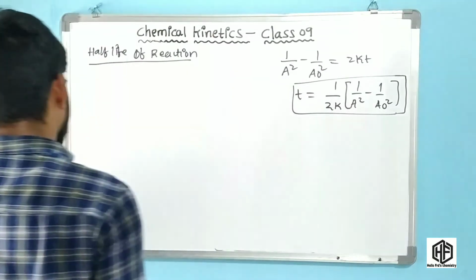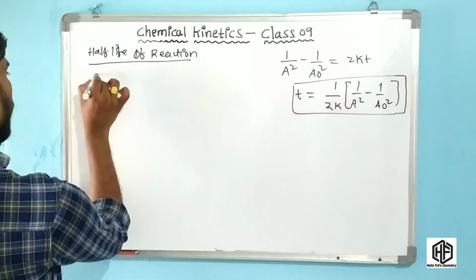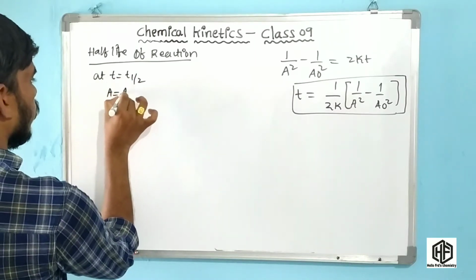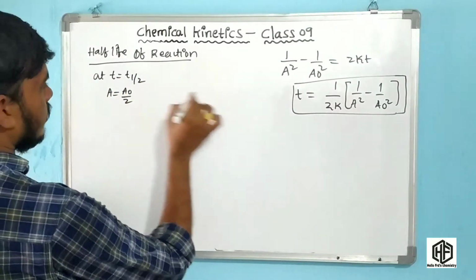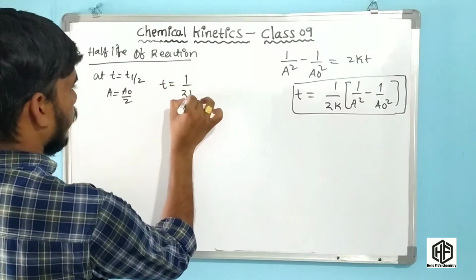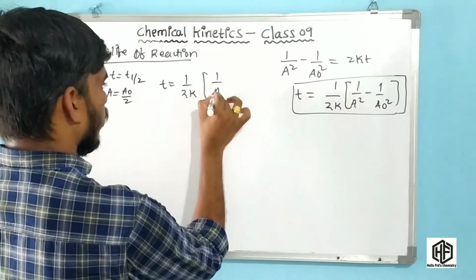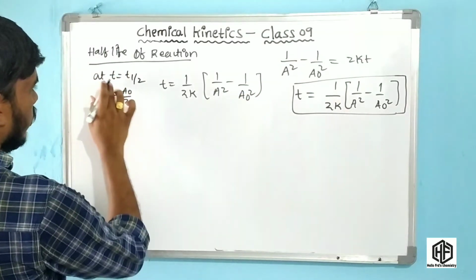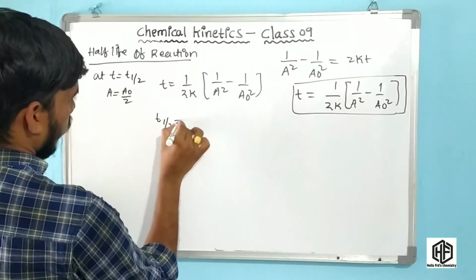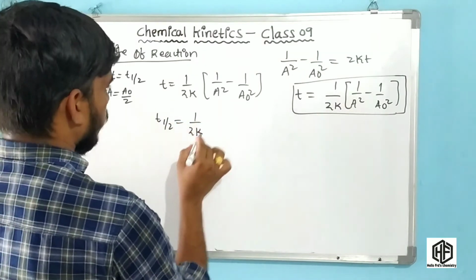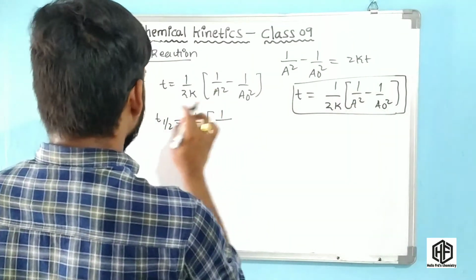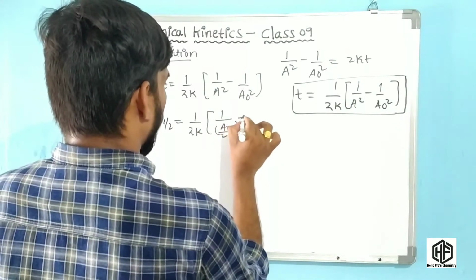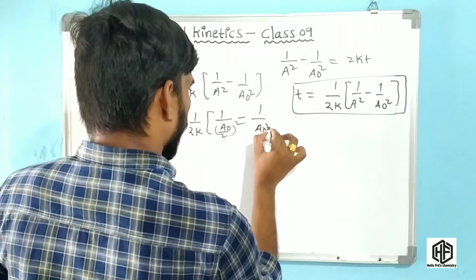At t is equal to t half, a is equal to a naught by 2. Using the expression t is equal to 1 by 2k into 1 by a square minus 1 by a naught square, we get t half is equal to 1 by 2k into 1 by (a naught by 2) whole square minus 1 by a naught square.